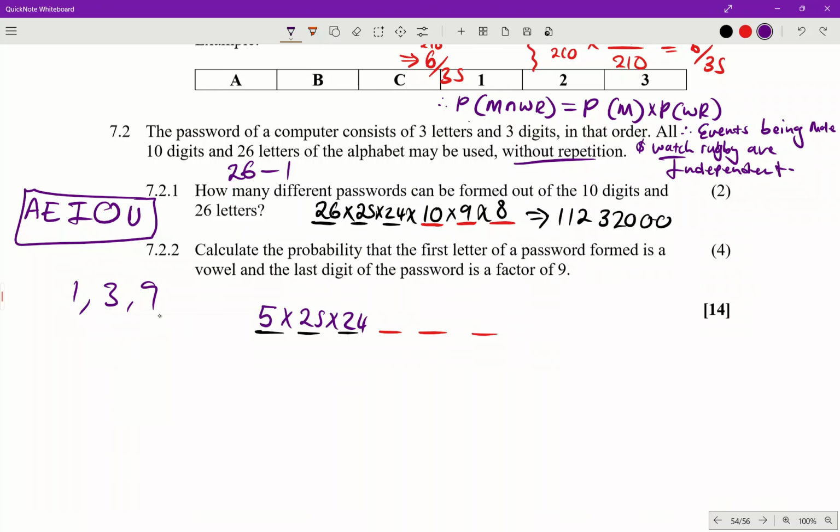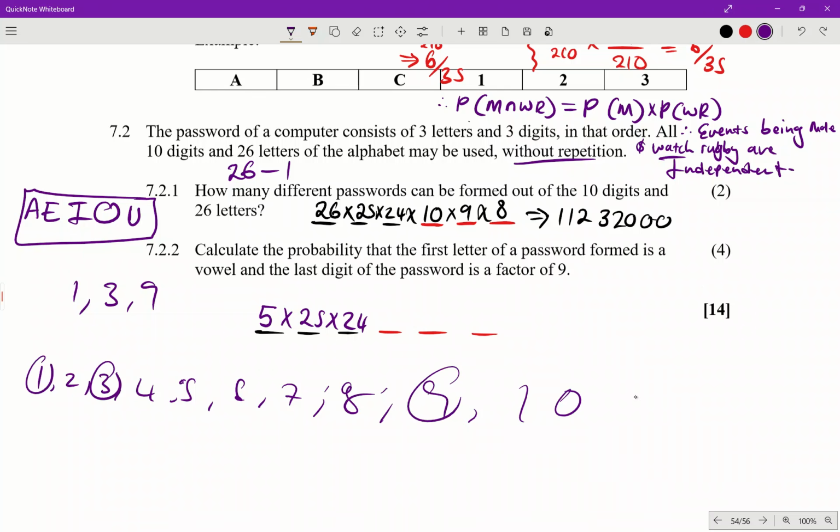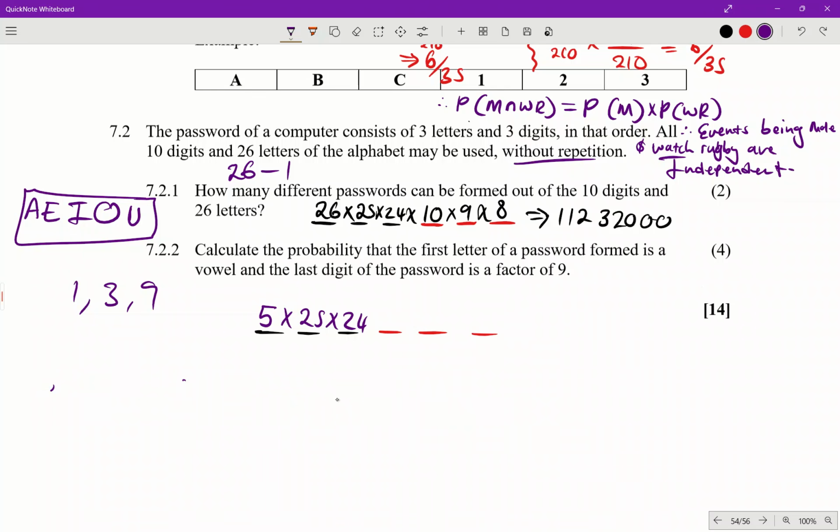These are the factors of 9. So you have 3 choices. You see? This is how you answer. You have 3 choices, and then multiply. Repetition is not allowed. For the first empty slot, how many choices do you have?